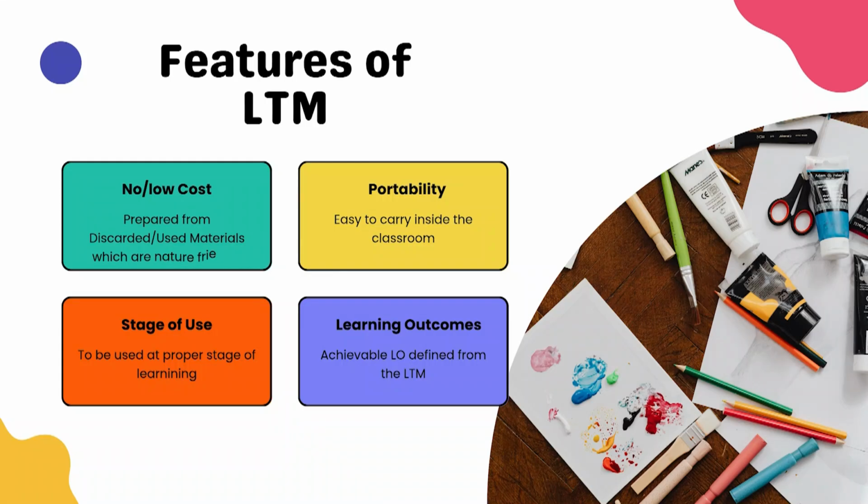The next important feature is the learning outcomes. As teachers, we should be very clear about the learning outcomes that may be achieved using the learning teaching materials. While using the learning teaching materials, we should ensure that it meets the targeted learning outcomes of the class.